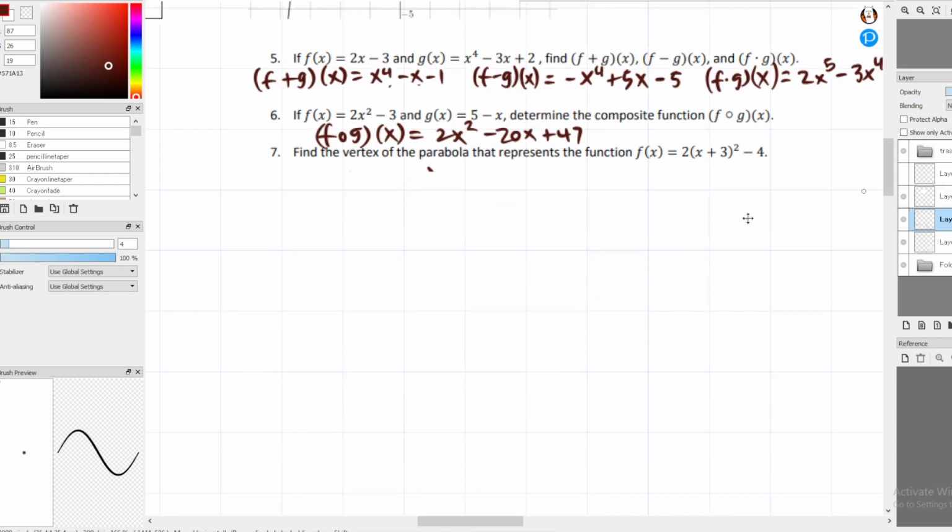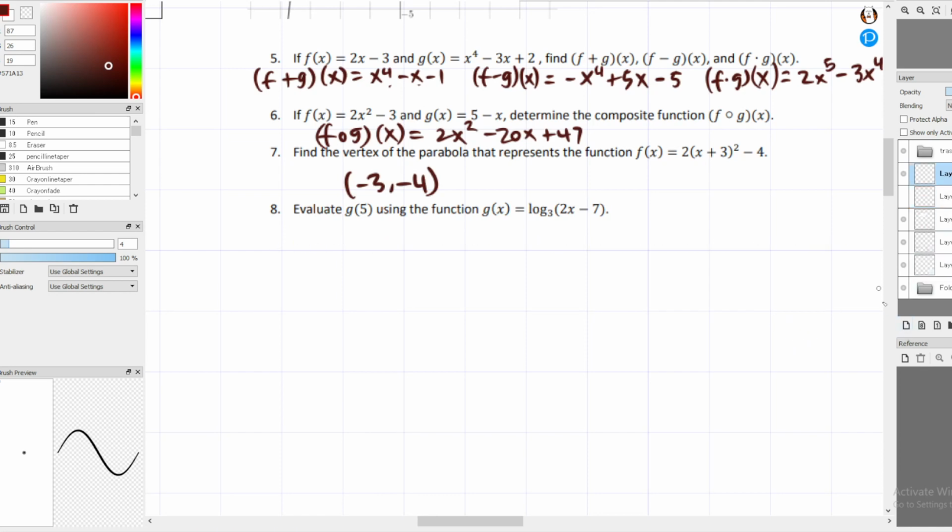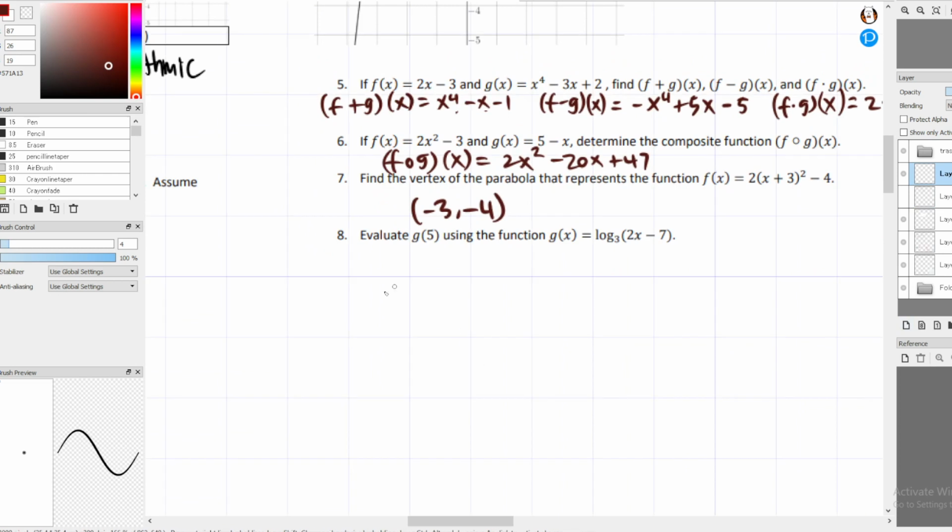For number 8, it's asking us to evaluate g of 5 using the function g of x equals log base 3 of 2x minus 7. So this means we're plugging in 5 for x. So log base 3 of 2 times 5 minus 7. 2 times 5 is 10.